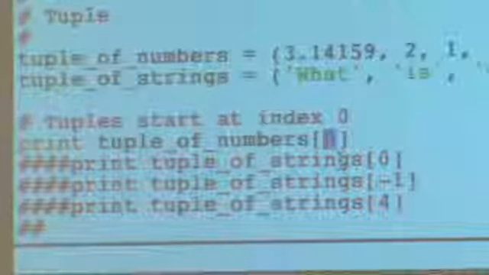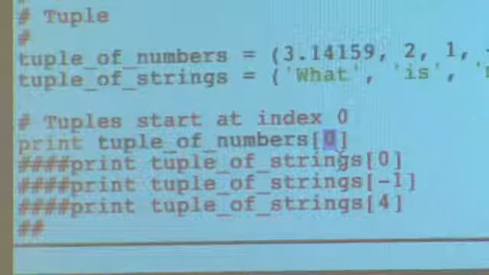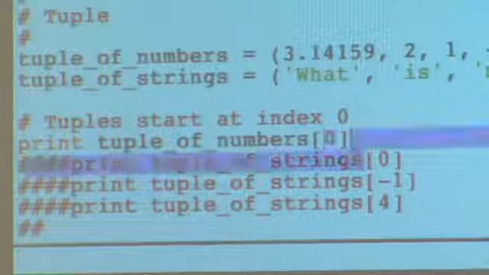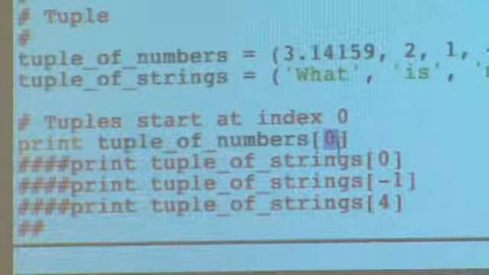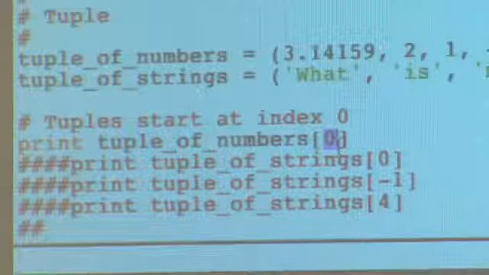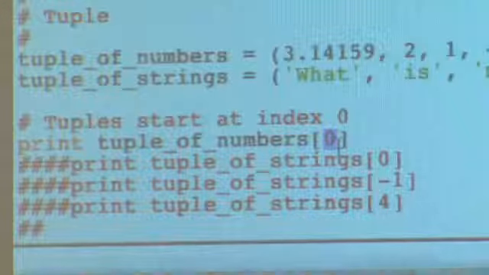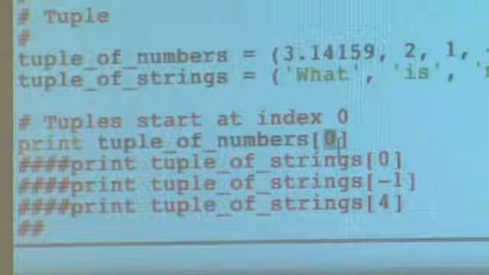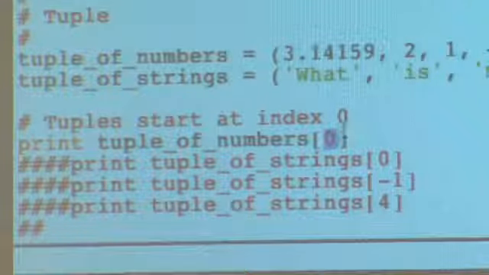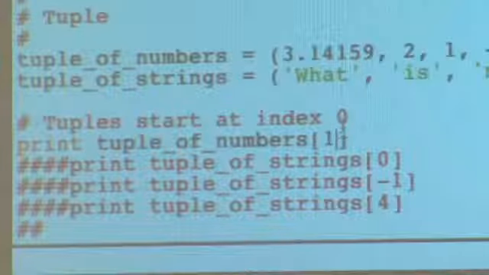Now, tuples are indexed starting at 0 and in increments of 1. So when I say tuple of numbers 0, what should this print out? Right. So it'll print out 3.14159. Now, if I change this to 1, what'll this print out?